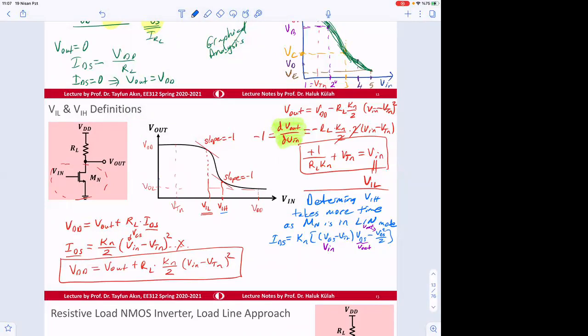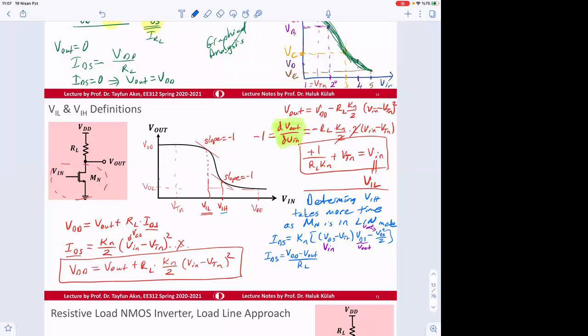We will be writing this IDS again in terms of VDD minus V out, divided by RL.